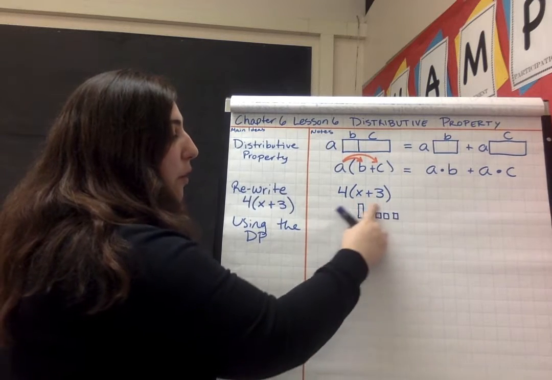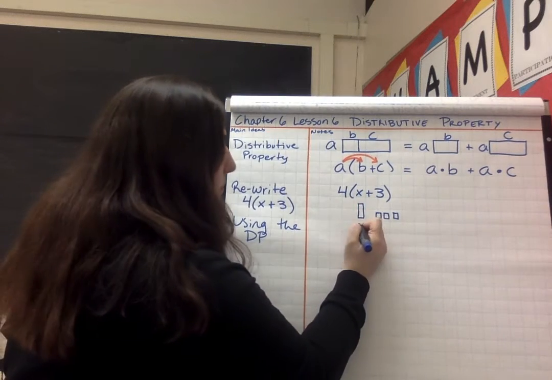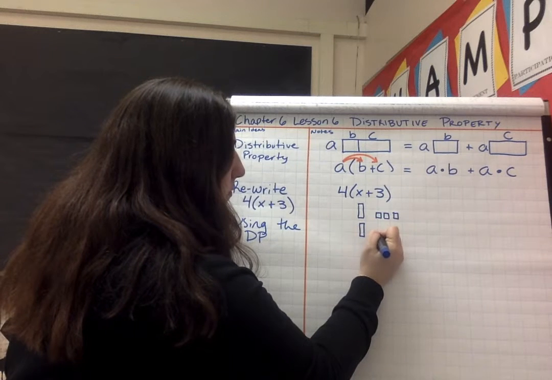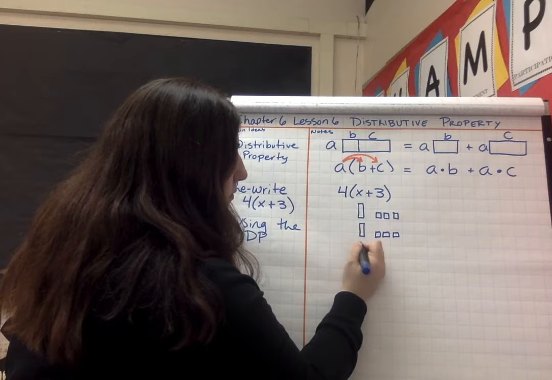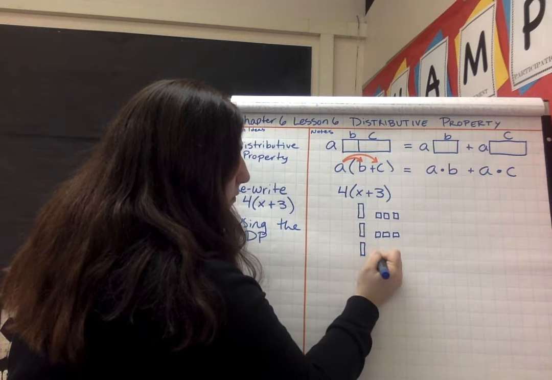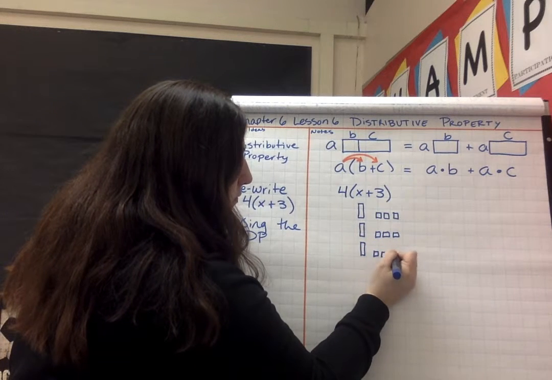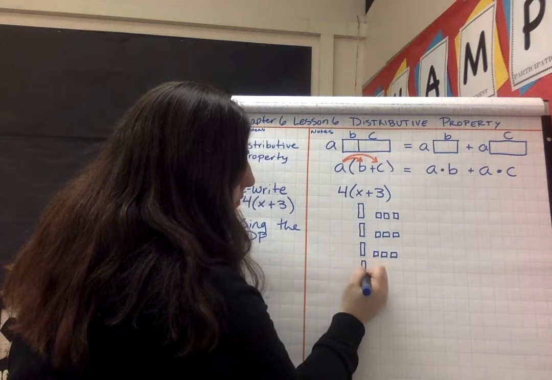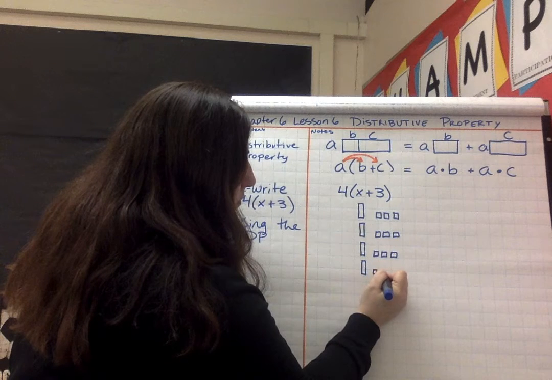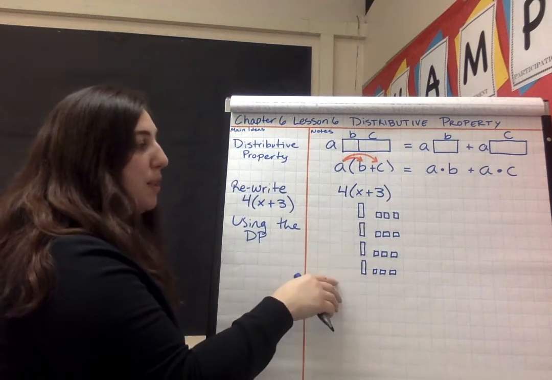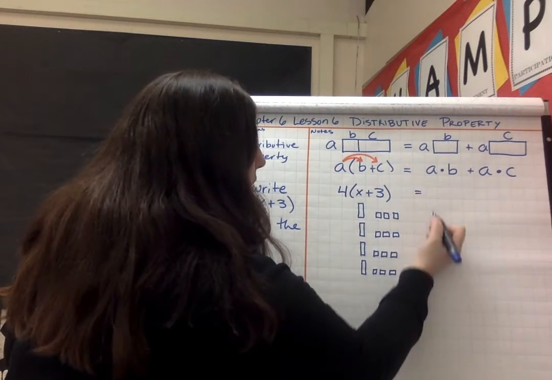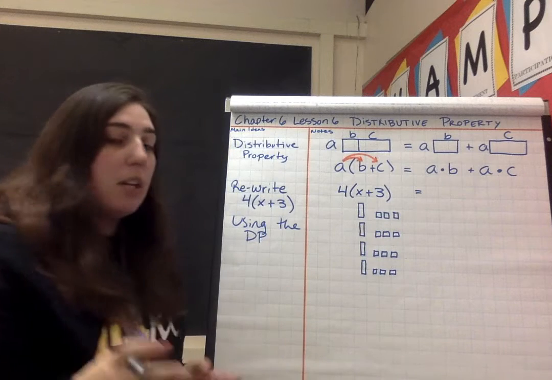So I need to make 4 groups of this. Okay, so I have 4 groups of x plus 3. Now, I'm going to rewrite it on this side, but I'm going to combine them.